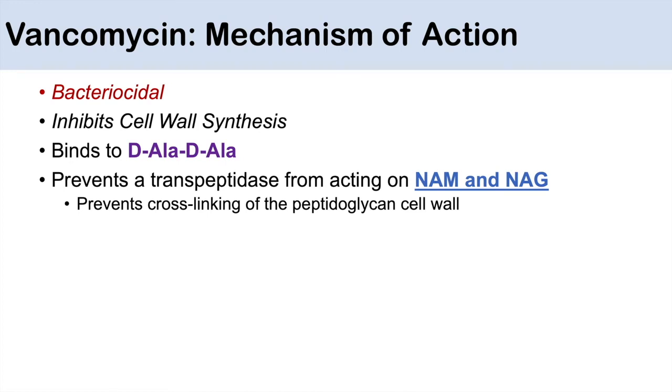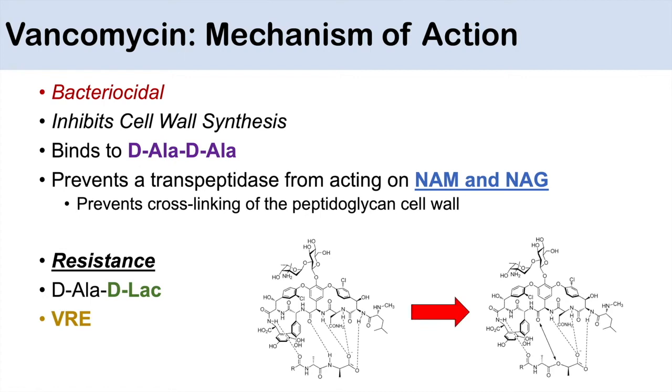But because vancomycin binds to D-ALA, certain bacteria can form a resistance by altering this binding site. So they can alter D-ALA to D-ALA-D-LAC. We can see this in certain cases, such as VRE, or vancomycin-resistant Enterococcus. So what happens is that in a normal susceptible bacteria, in a bacteria that has the binding site D-ALA, vancomycin can bind to D-ALA, forming 5 hydrogen bonds.